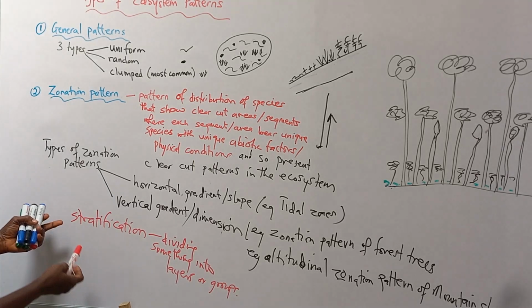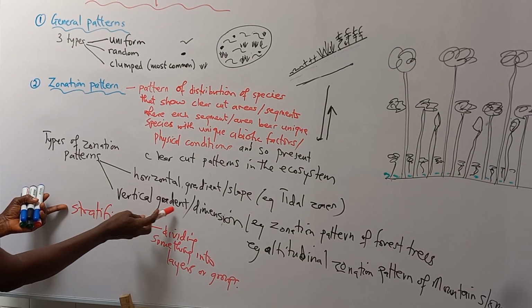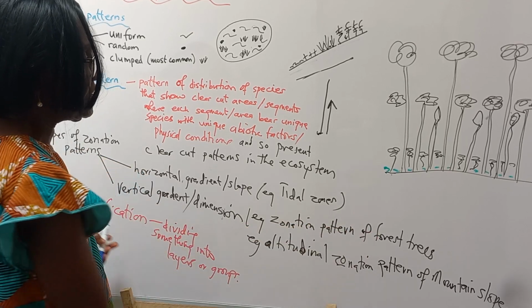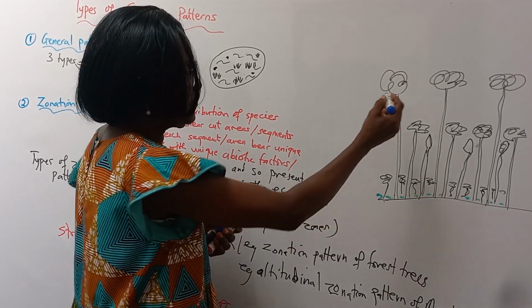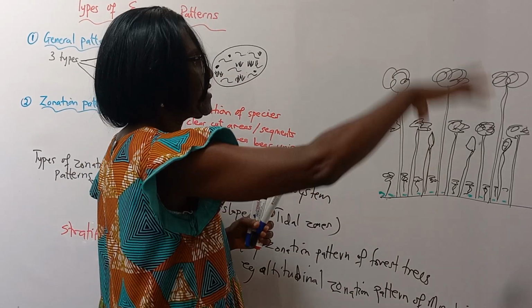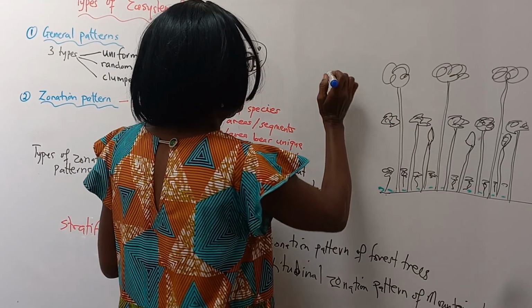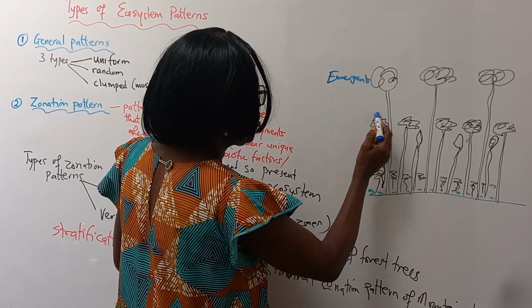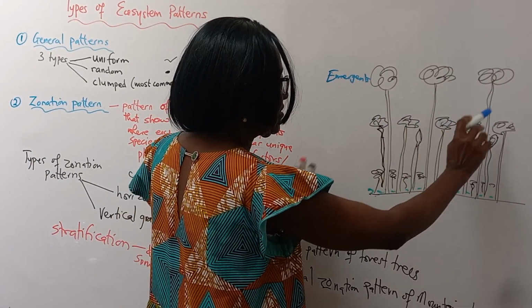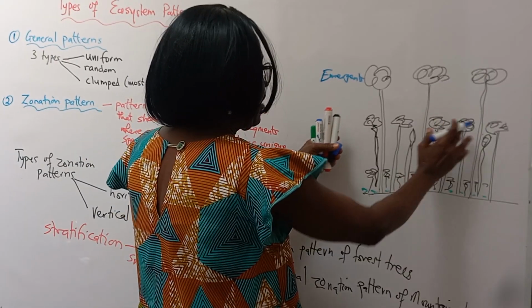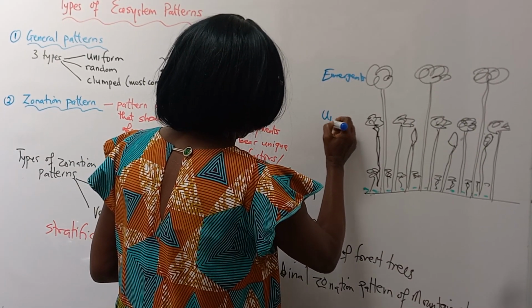So if we look at the vertical gradient dimension, which gives us the zonation pattern of forest trees, I have this rainforest diagram here. We have very tall trees that shoot above all the other trees. They are the emergents. And then we have trees that have huge, broad branches or canopies, forming the upper layer of trees.